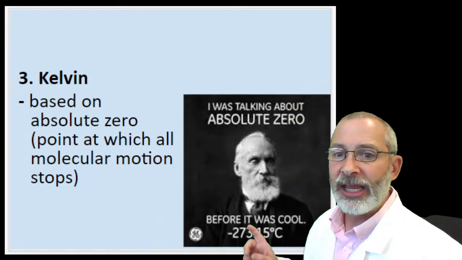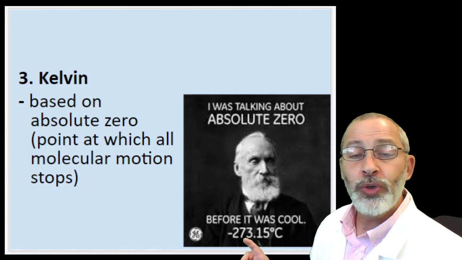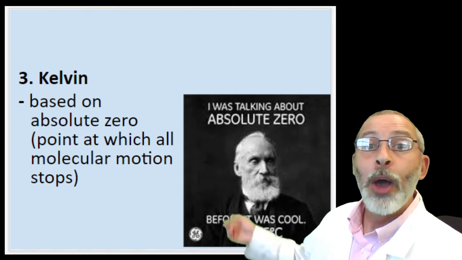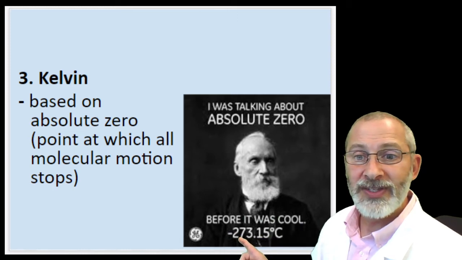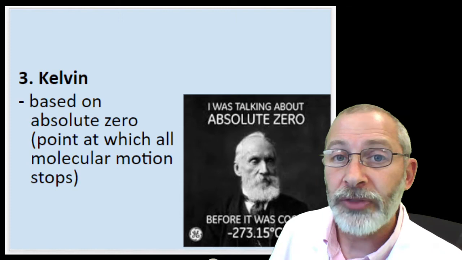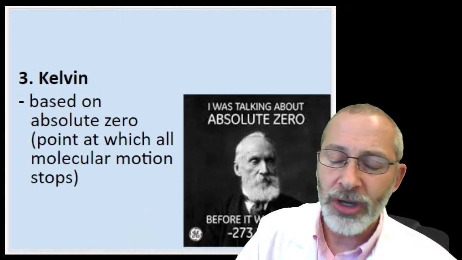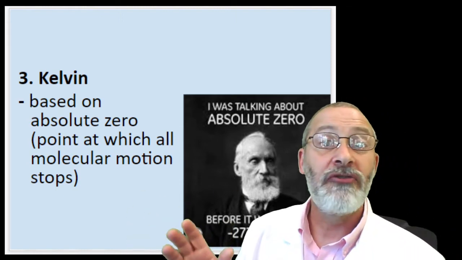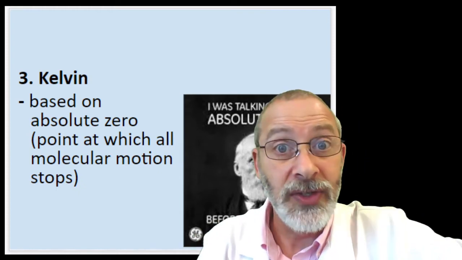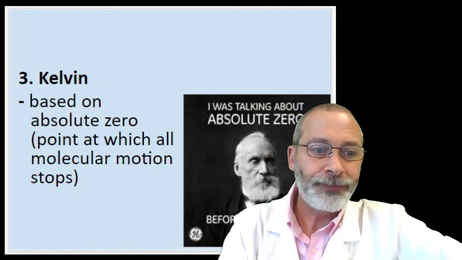And he calculated it to be about 273.15 degrees below zero Celsius. Now, we've been tweaking that number with recent experimentation. We'll talk about that later on. Just know for now, it's really cold, much colder than 0 degrees Celsius.